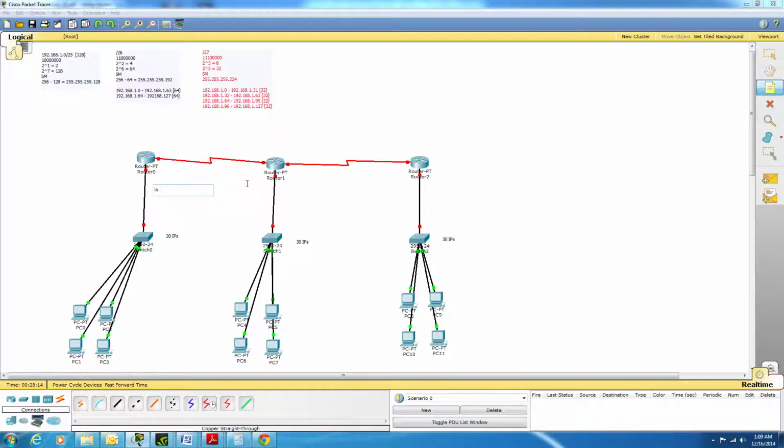We're going to call this LAN 1, and LAN 1 will have the network 192.168.1.0, and that would be a /27 network, and this will have a subnet mask of 255.255.255.224.